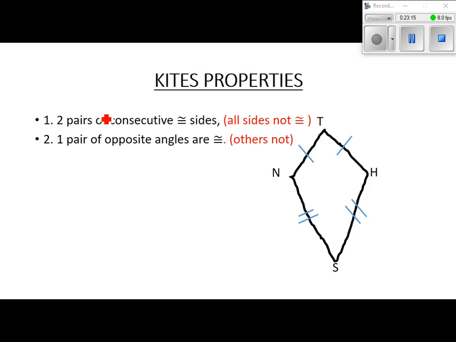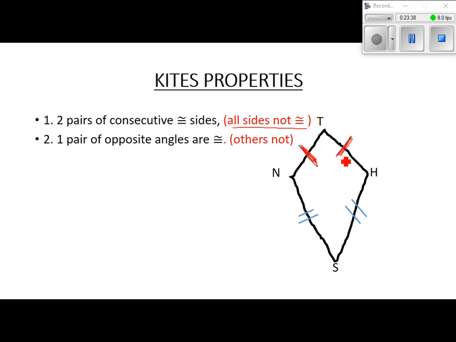A kite. A kite's sort of the oddball out of all of these. The properties of a kite: two pairs of consecutive sides are congruent. All the sides can't be congruent to each other. It has to be two pairs of consecutive sides, so these two connected together.